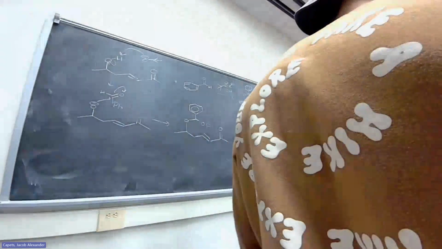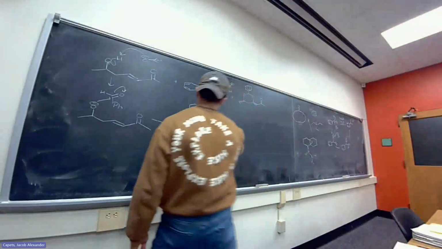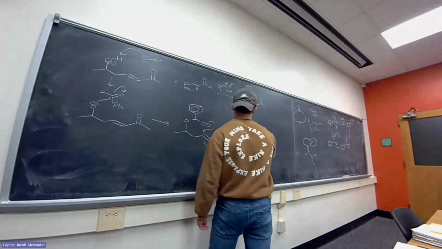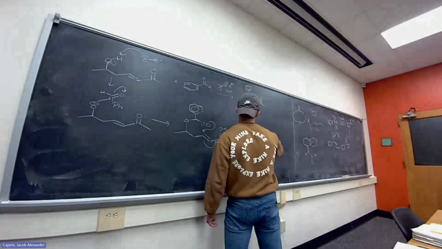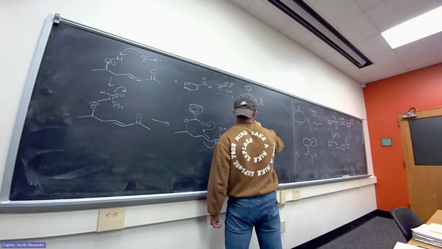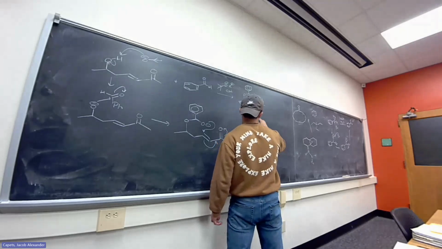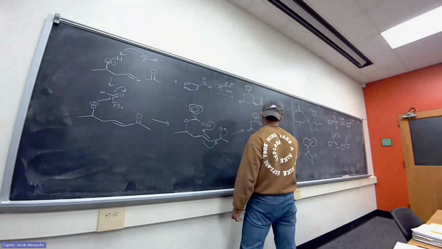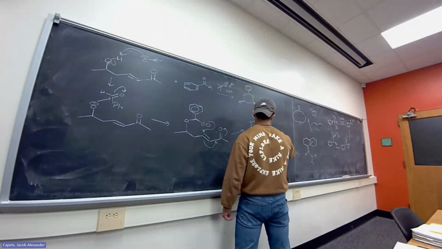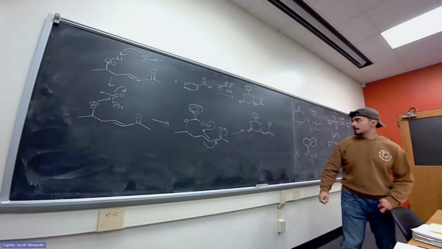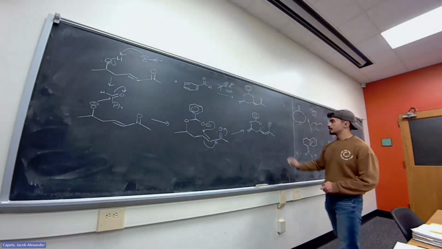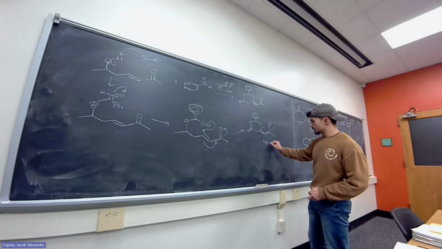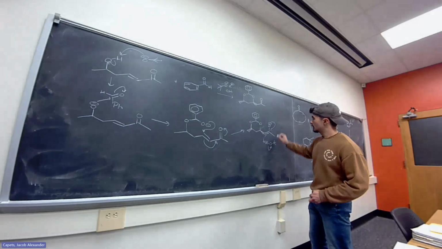Then we have that is in the spot to do conjugate addition on the enone. And then to regenerate our catalyst and also get the product, we will protonate the enolate with t-butoxide, or t-butyl alcohol.